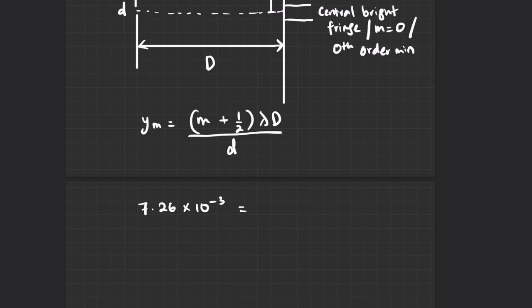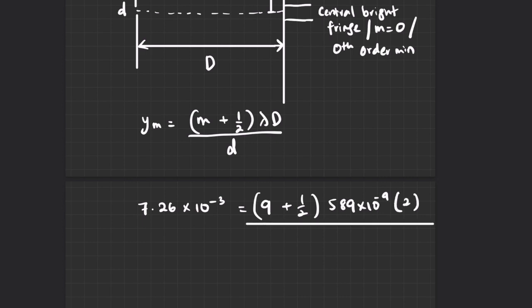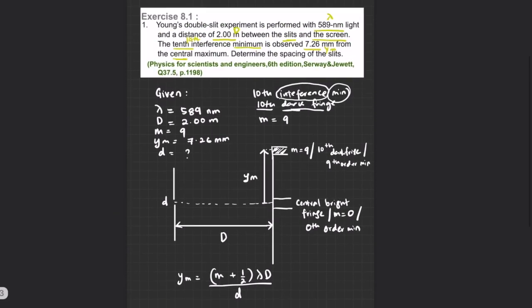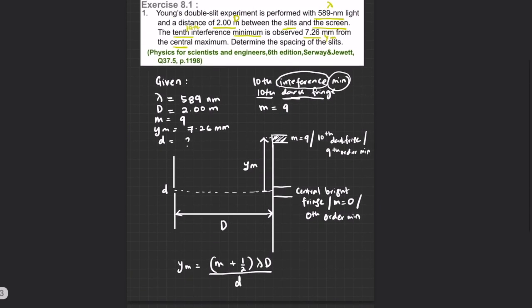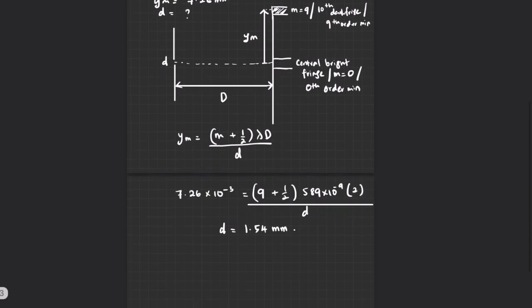Substitute the values and you will get d is equal to 1.54 millimeter. That is the answer for this question. Okay. Thank you.